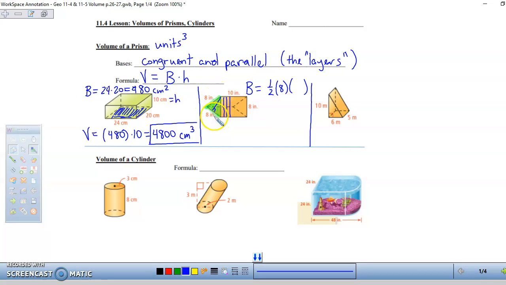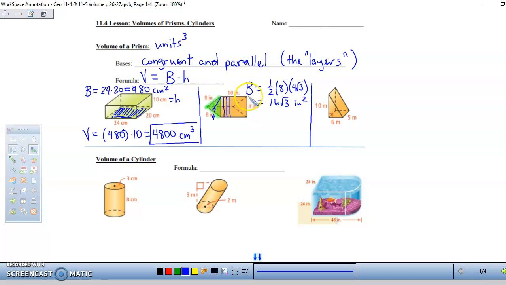Remember, in an equilateral triangle, you can figure out the perpendicular height by using half the side length times √3. So that height is going to be 4√3. We did that quite a few times in chapter 10. So 1/2 base length here is 8, and then the perpendicular height 4√3. That's going to be 4 times 4√3, which is 16√3, and that is inches squared.